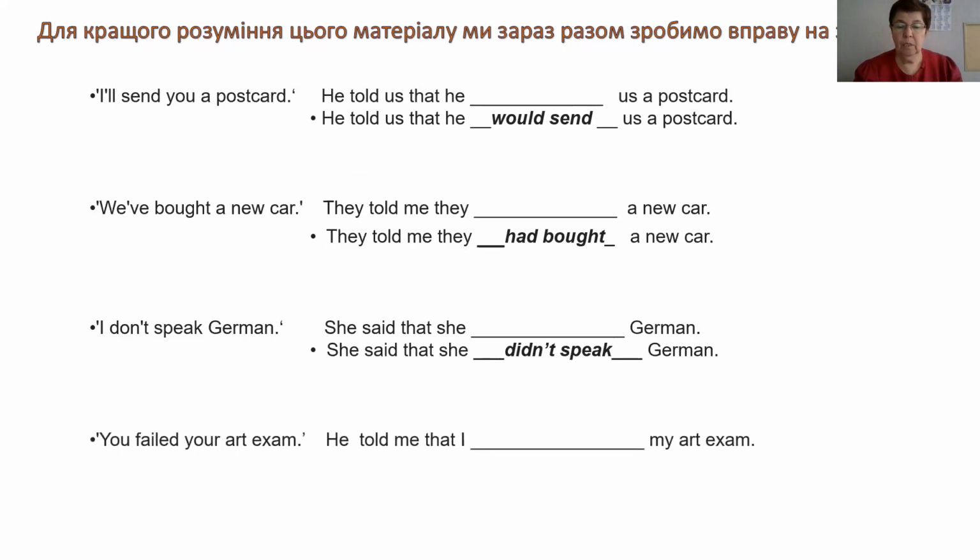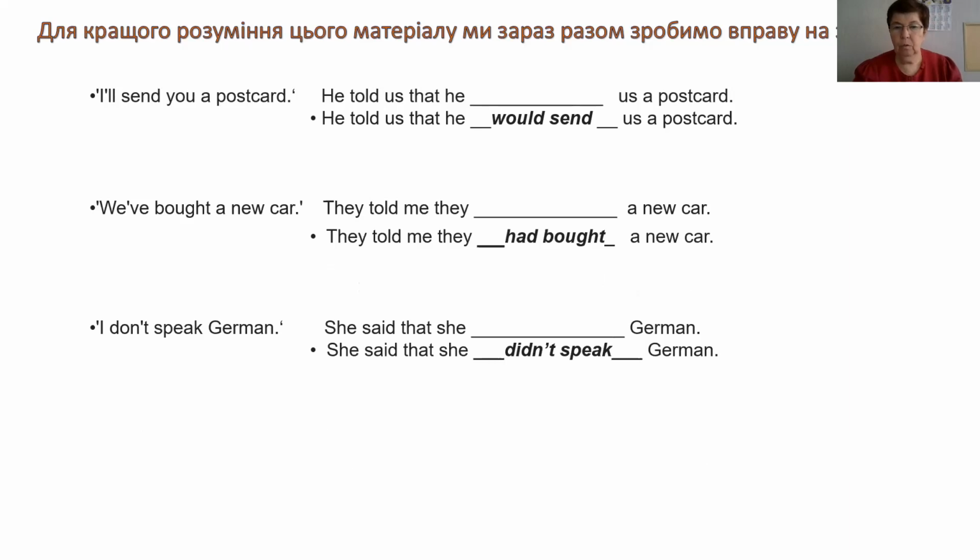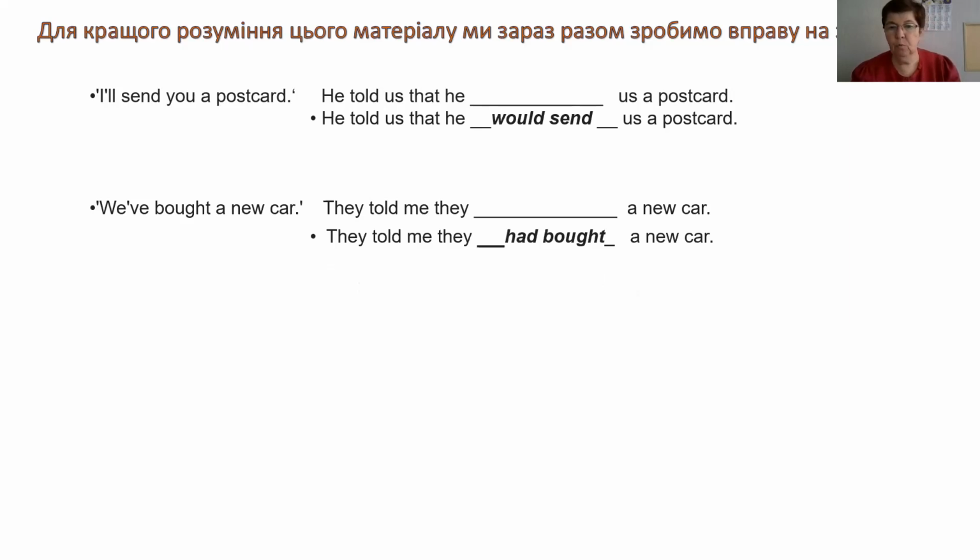The second example: we have bought a new car. They told me they had bought us a new car. Present perfect changed into past perfect.